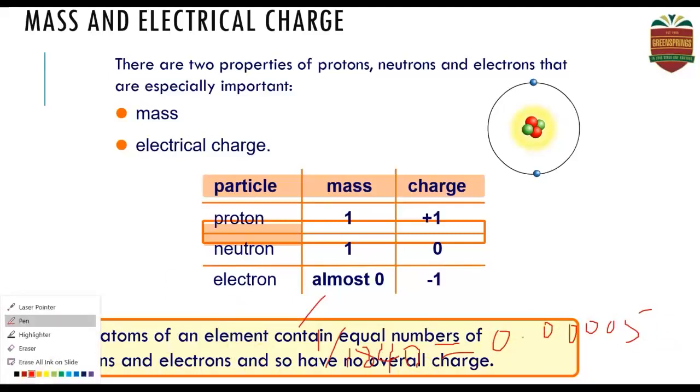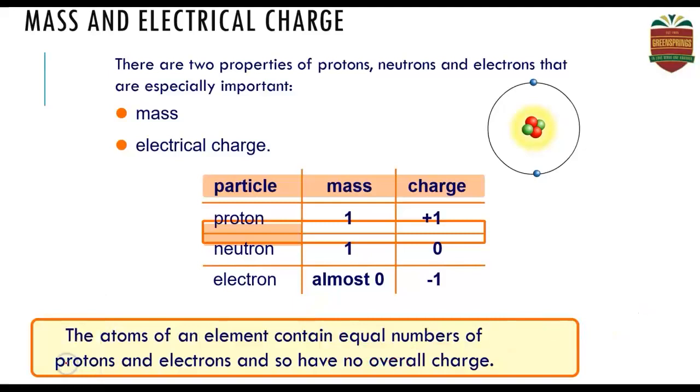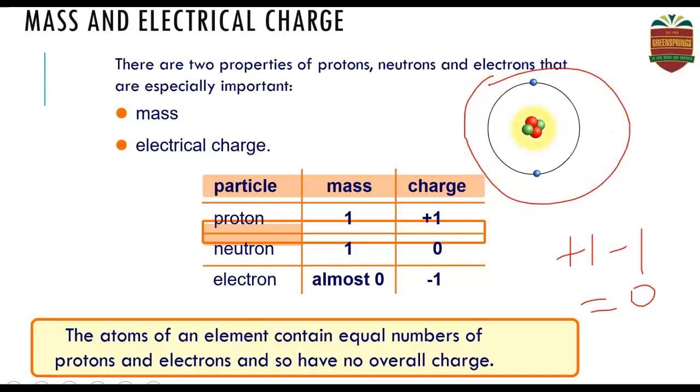Since we expect that the atoms of an element contain equal numbers of protons and electrons, the overall charge will be 0, meaning +1 -1, so no charge. So this atom has no charge. When you see an atom that is charged, it is no longer referred to as an atom. It's referred to as an ion.